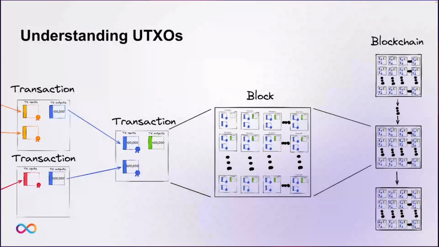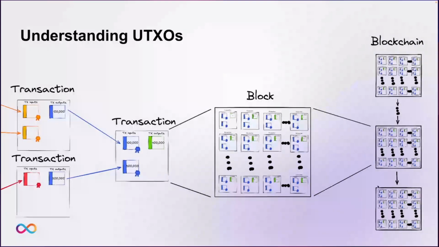And you prove your ownership of a UTXO by creating a signature that's associated with the public key attached to the UTXO. And that signature is that little blue ribbon that proves that Alice really owns the UTXOs and that she really wants to spend them and send them to Bob. And those transactions are then collected and put into a block, and the blocks again are chained up and form a blockchain.